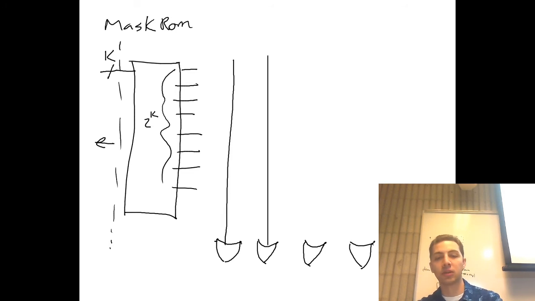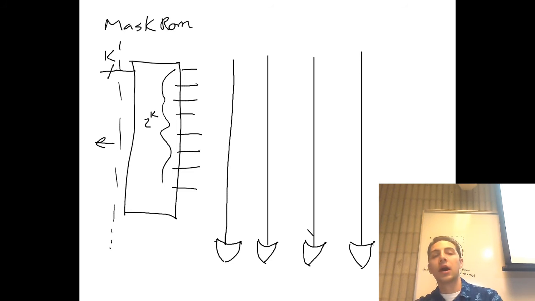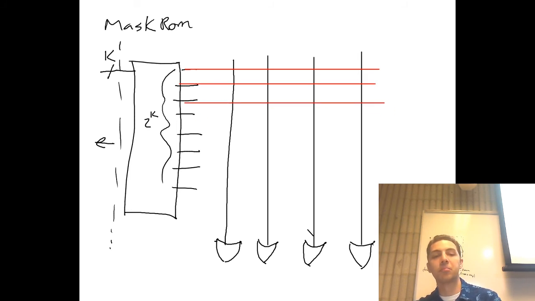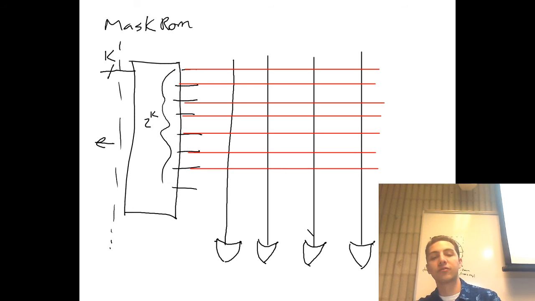That's right, I have my cool straight lines. It only took me 3 semesters to learn how to draw a straight line. So we've got these 8 lines here. I'm pretending that this is a 3-bit address. So I've got 8 output lines of this decoder. And I've drawn the decoded outputs as red lines.